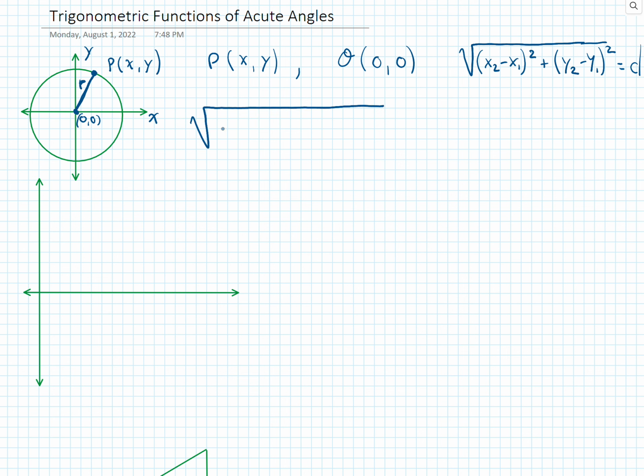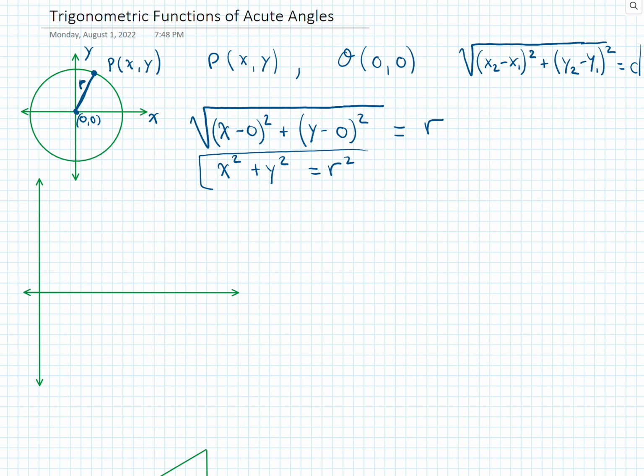And so the distance between point P and point O would be the square root of x minus 0 quantity squared plus y minus 0 quantity squared, and that will be equal to the radius, so the distance between the 2 points. Now, if I simplify underneath my radical and I square both sides, I would end up with x squared plus y squared is equal to r squared.